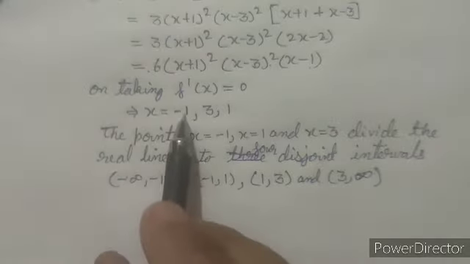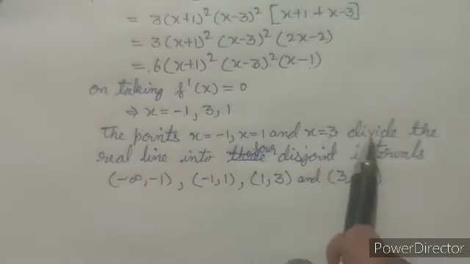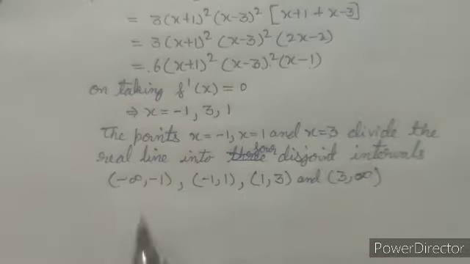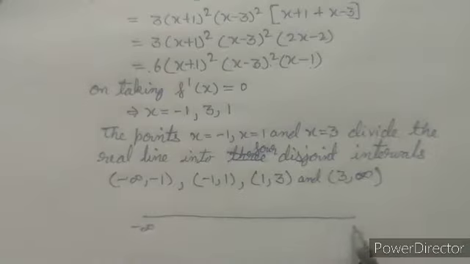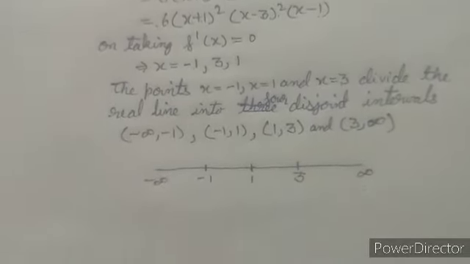Now the points x equal to minus 1, x equal to 1 and x equal to 3 will divide the real line into 4 disjoint intervals from minus infinity to infinity: from minus infinity to minus 1, from minus 1 to 1, from 1 to 3 and from 3 to infinity.